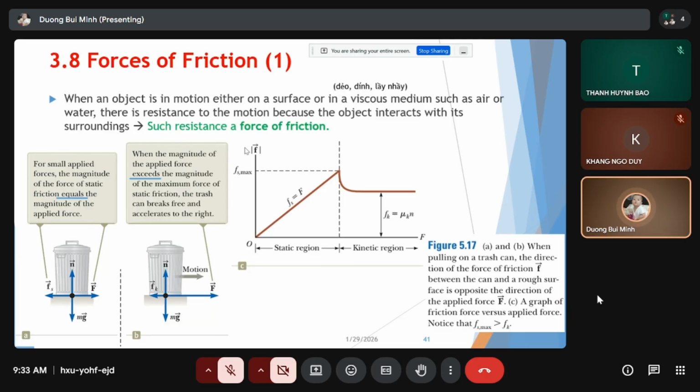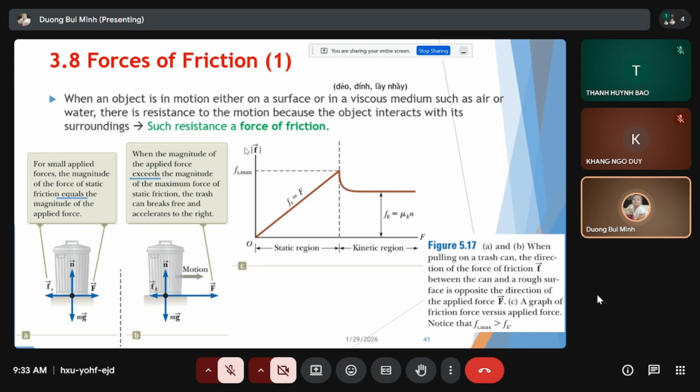So when we increase F, here you can see the boundary Fs max. If F is higher than Fs max, the object will move.